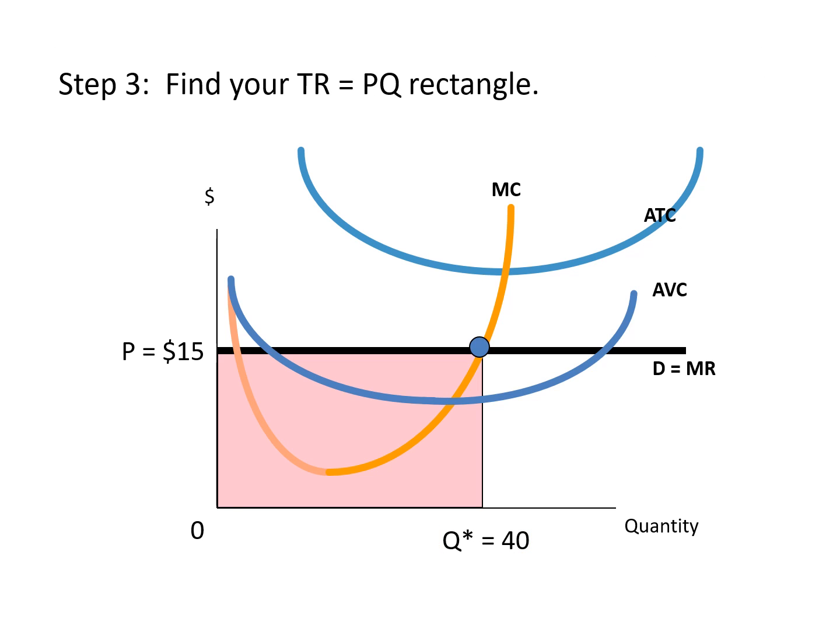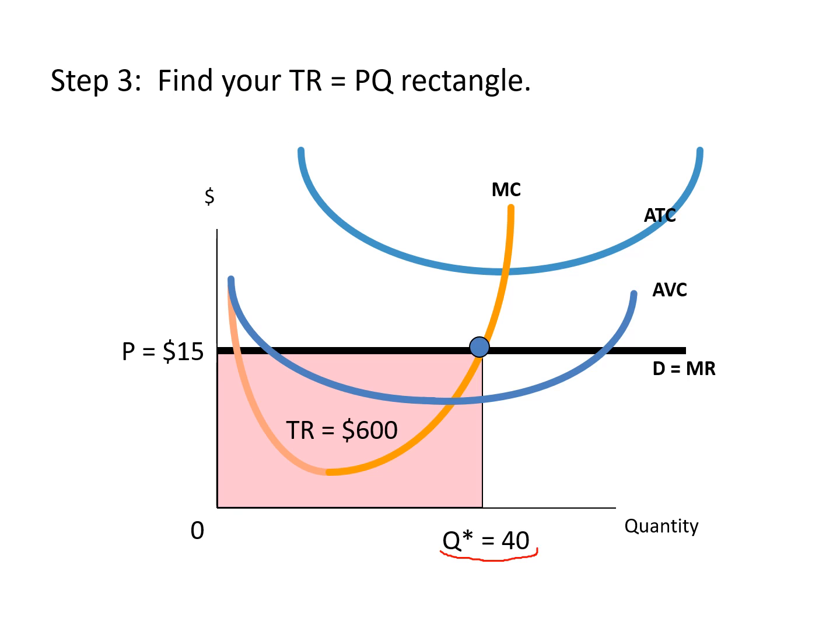Next, determine your total revenue by multiplying the quantity produced by the price. And that is represented by this rectangle here in pink. So 40 units at $15 each gives a total revenue of $600.